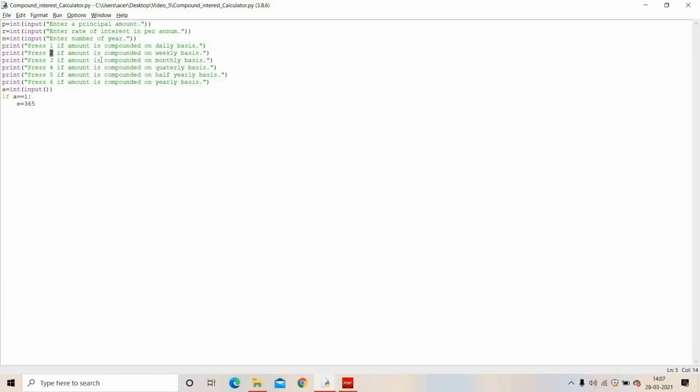Similarly, if user press 2, then calculator will compute compound interest on weekly basis. So there are 52 weeks in a year. So E will be 52.